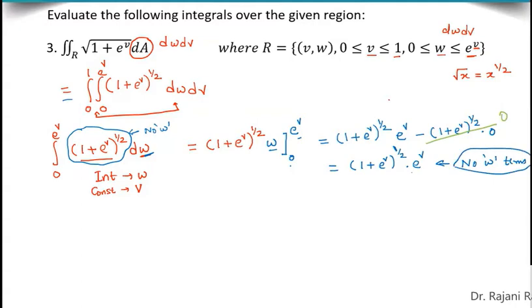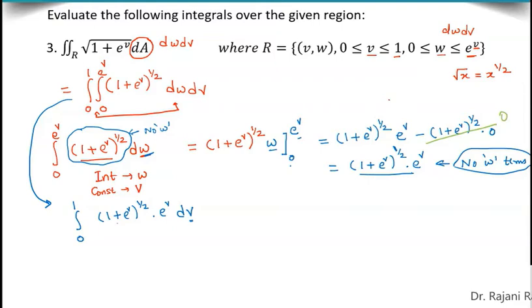Now let's take the next integral. So integral 0 to 1, in place of the inner integral we have now this value, which is 1 plus e power v, its power half times e power v dv. Now we have to integrate with respect to v, only one variable. As there are two terms in multiplication, we cannot integrate directly. So we have to check integration by substitution or by parts.